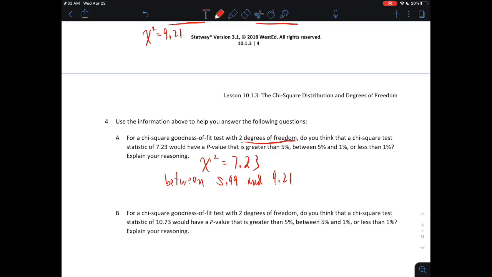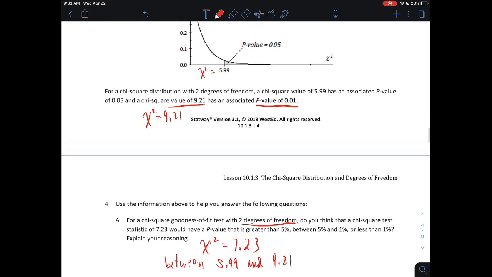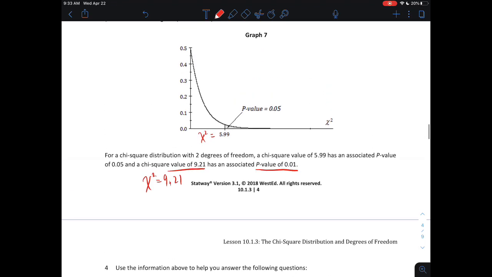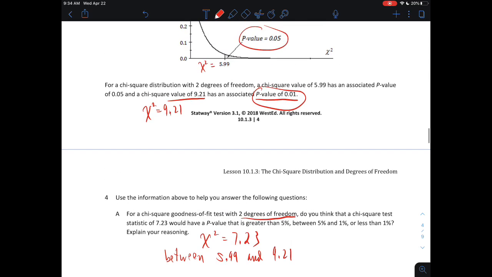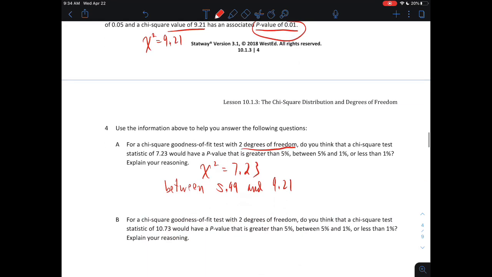So maybe that would help us answer the question. If the chi-square value is between 5.99 and 9.21, what do you think about the p-value? That would be between the associated p-values of those chi-square values. So it would make sense that this would be between 5% or 0.05 and 1%, 0.01.